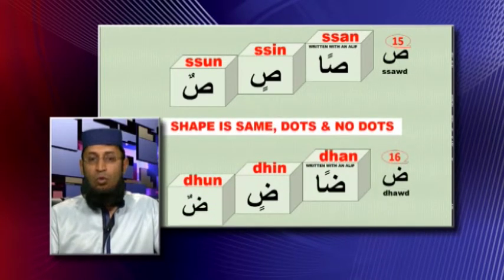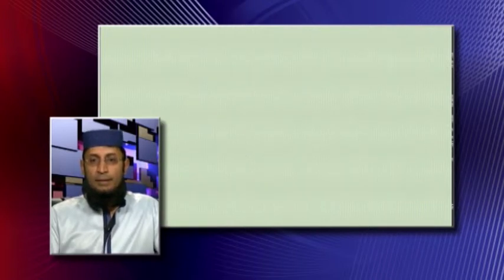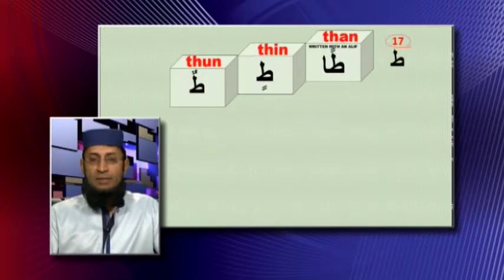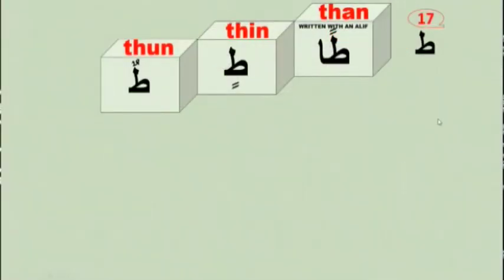The letter Dad. Put a fathatain, it becomes dhan. Kasratain, din. And dhammatain becomes dun. So dhan, din, dun. Letter number 17, the letter Ta, or some know it as Toy.